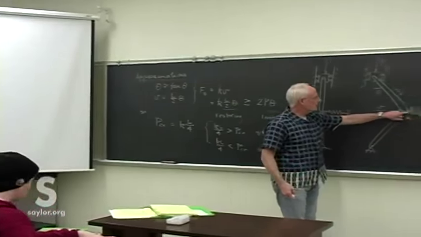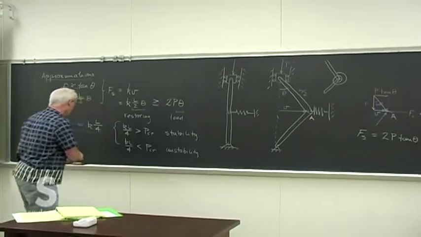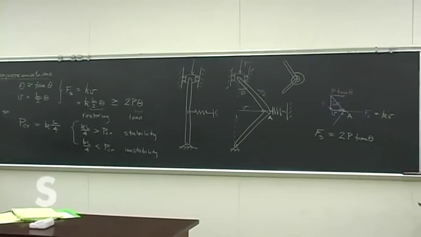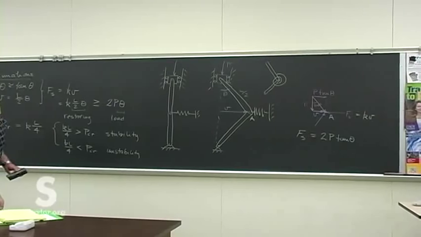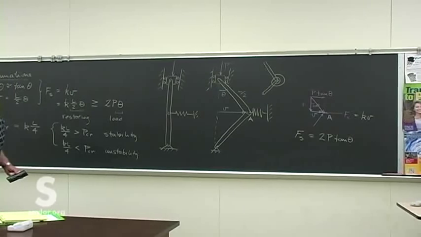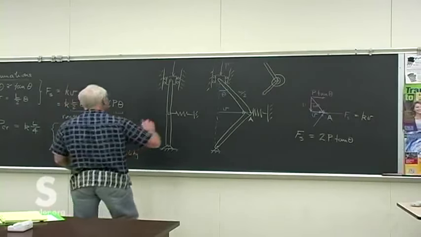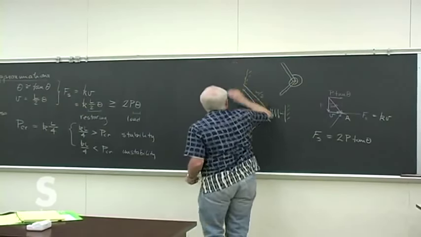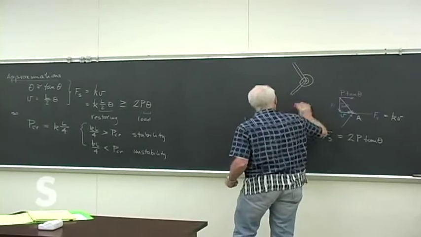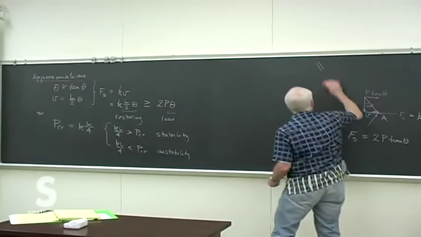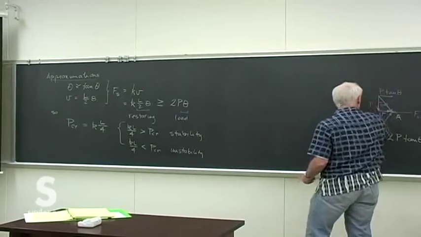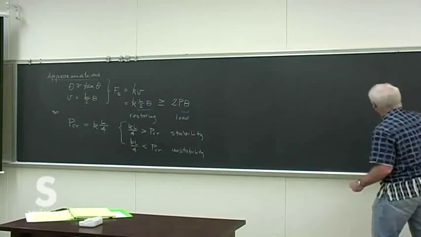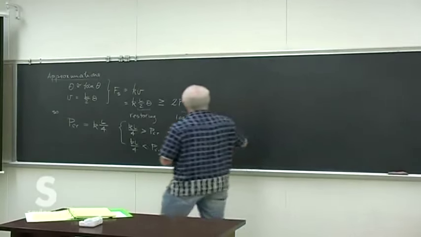As it goes farther, it deflects more, and sooner or later it either fails or the restoring force becomes great enough. So we're going to use that P critical to be our limit, and we want to find just what it can do. If it goes to any more than that, then we're going to lose, by whatever means, the integrity of the column.